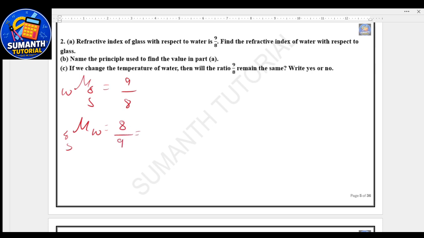You can also write it in decimal if you want, otherwise this is enough. In decimal, it will be 0.88, that is your wish. This is the answer for the first question. Now sub question B. What's the question? They asked us to name the principle used to find the value in part A. The answer is very simple: principle of reversibility.